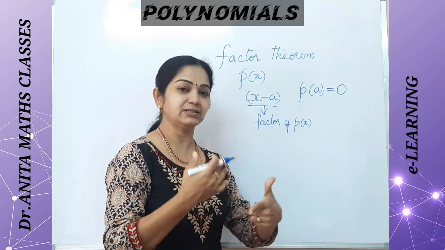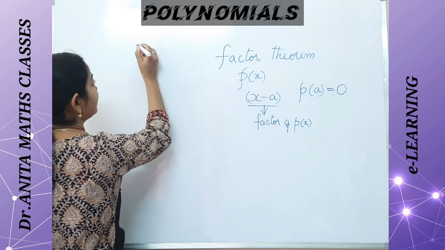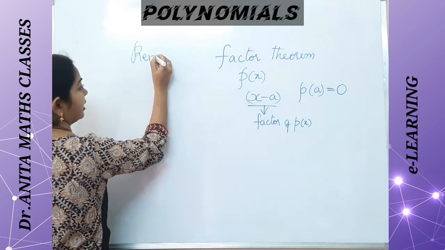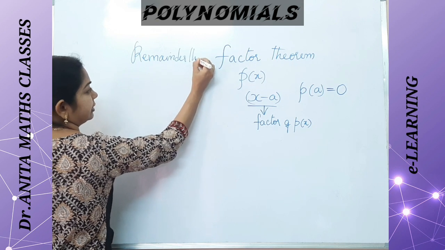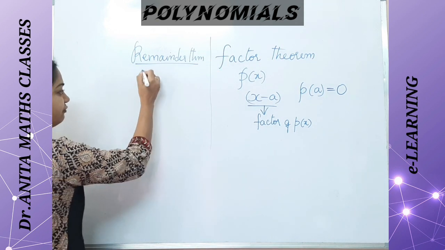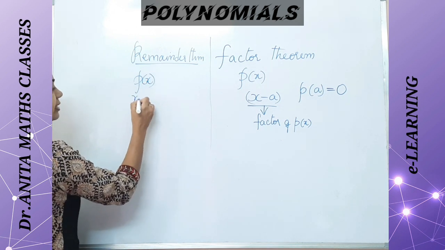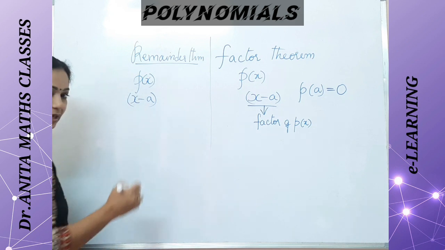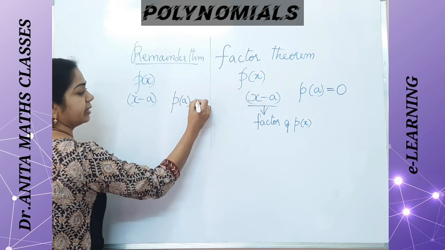Now, let me correlate both the theorems. When we are talking of the remainder theorem, if p of x is a polynomial and it is divided by x minus a, then p of a is the remainder.